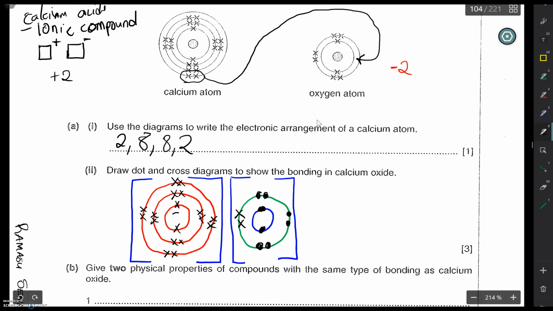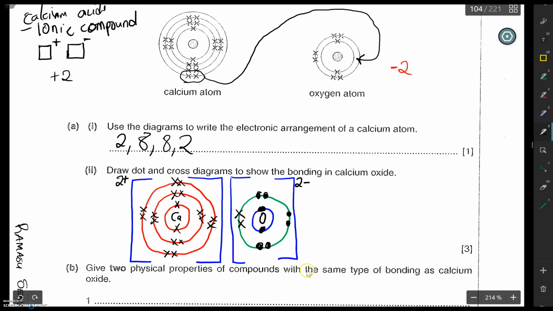So we could put a label here, say Ca, then O for oxygen. Then we have to write the charges. This has a charge of 2 plus, and this has a charge of 2 minus. What we do next is that we write the electronic configuration.